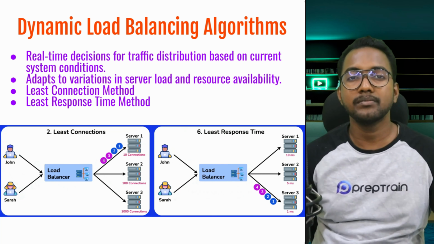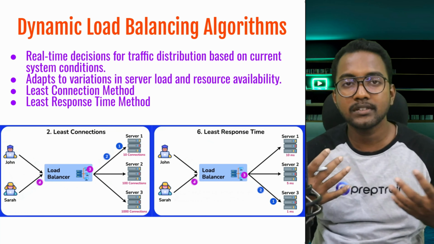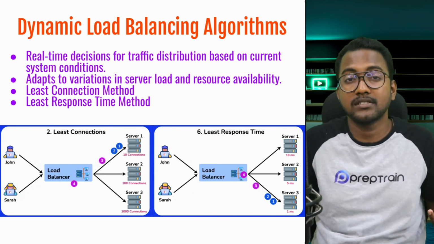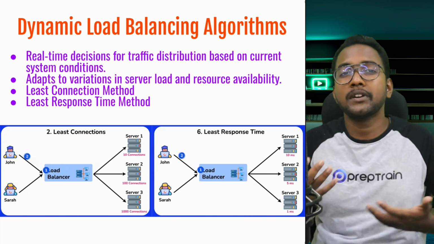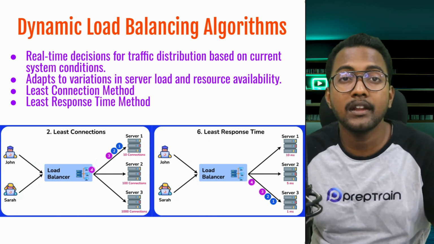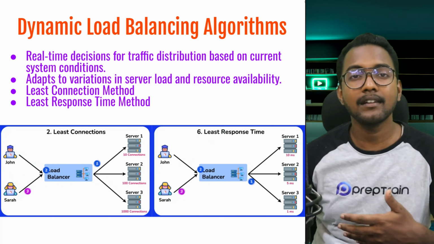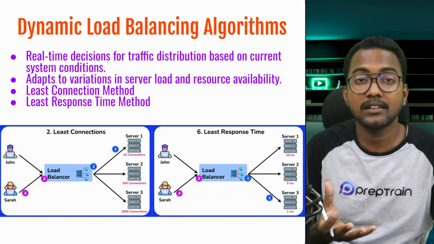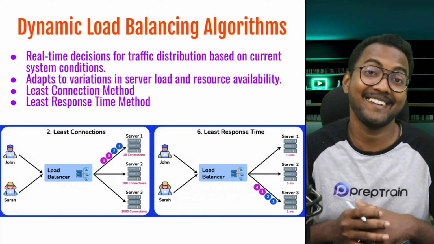This approach minimizes the delay for users, and dynamic algorithms are essential for modern systems that need to handle unpredictable traffic patterns and maintain optimal performance. Let's now discuss how the load balancer verifies that each server is still up and running smoothly.